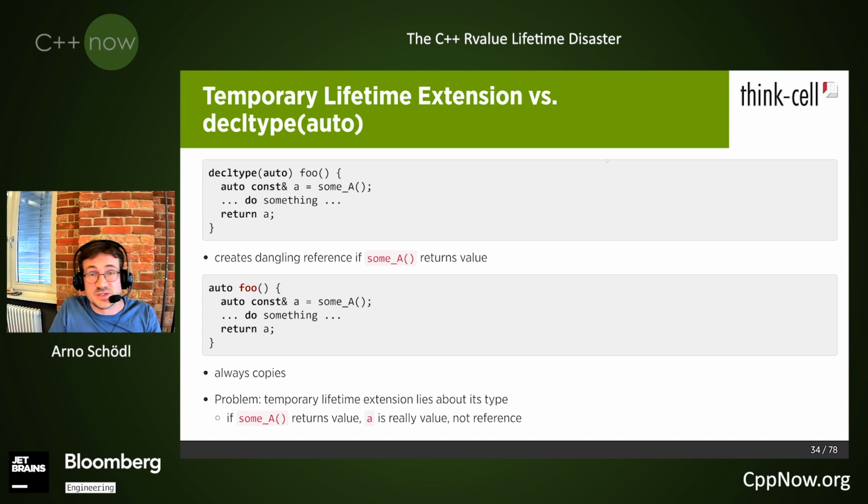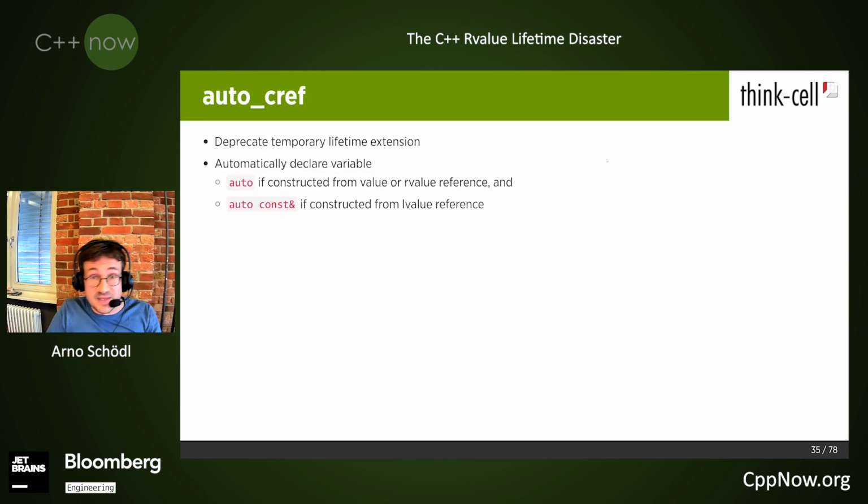And that's not so great, in particular because we are using more and more generic programming where types are important. The same code may act on different types. So we should really be able to find out what the real type is. My advice, throw this temporary lifetime extension away. So that's no longer good in the world of rvalues and of generic programming.